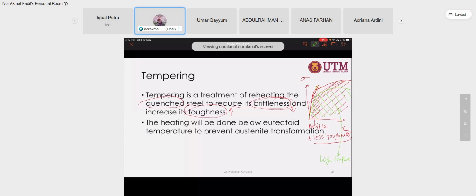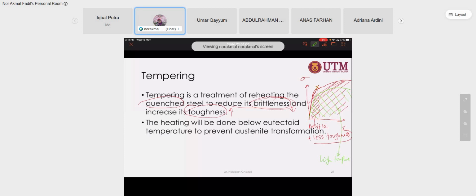If you can see a reduction in the thickness, it means that there is a sign of plastic deformation. But in brittle fracture, you don't see any changes in the dimension.